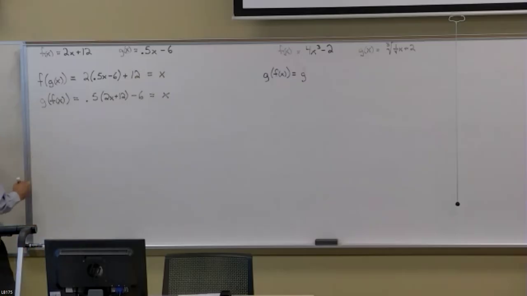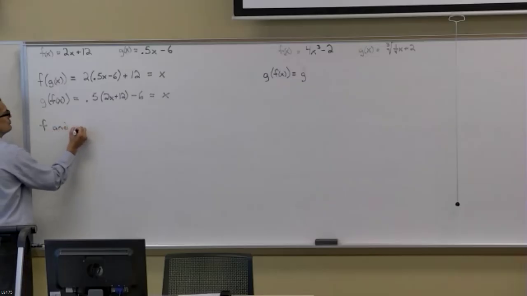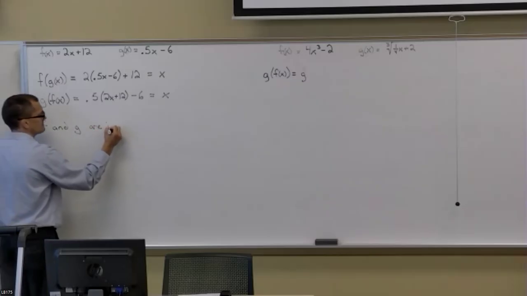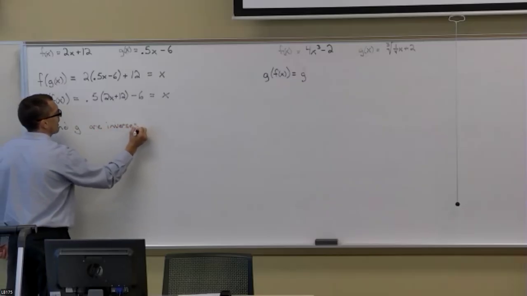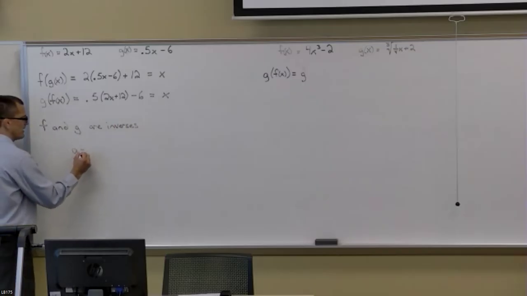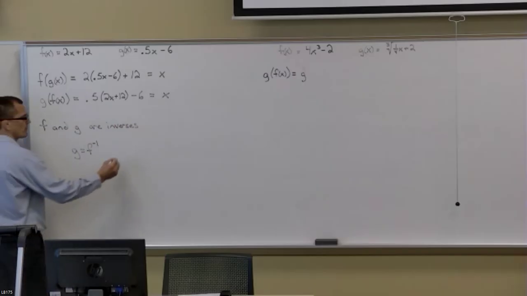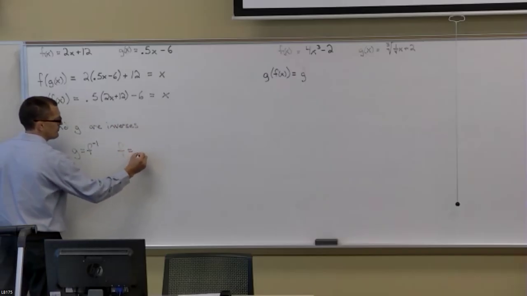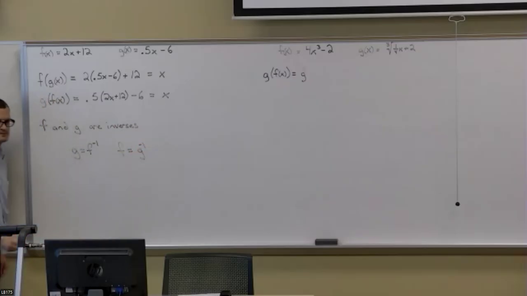So both directions, we get function compositions that give us the identity. So f and g are inverses of each other. Another way to say that is g is equal to the inverse function of f, or f is equal to the inverse function of g. All of those statements mean the same thing.